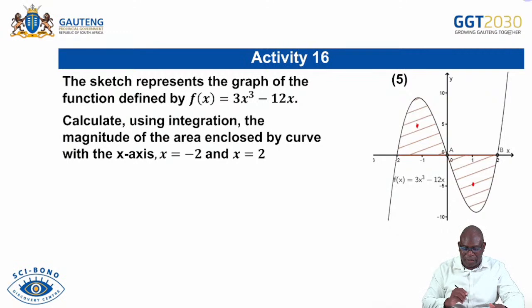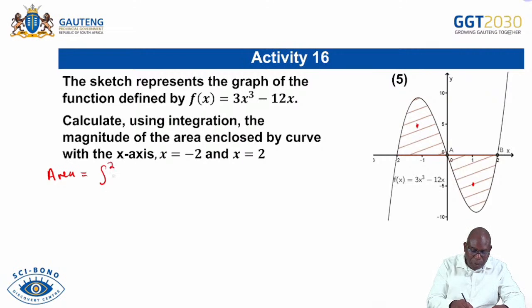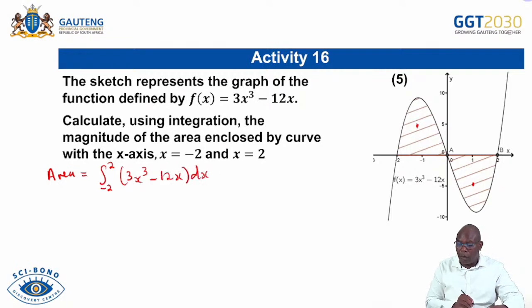I think I've got the area, but let me see, maybe I'm also confused here. Now, the area will be the integral from minus 2 to 2 of our function 3x cubed minus 12x dx.